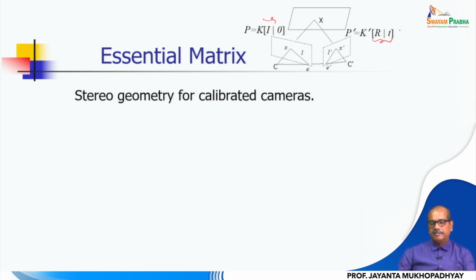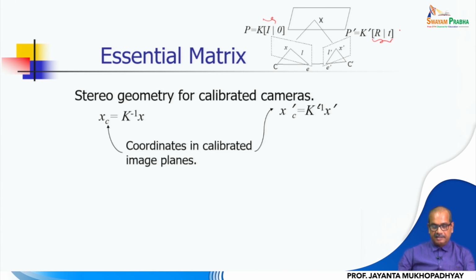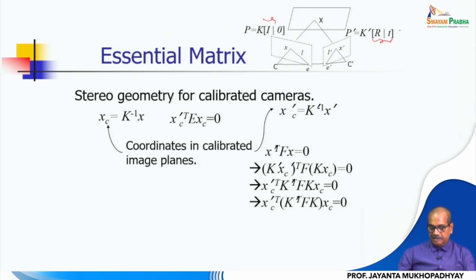For the essential matrix, the expression, as we know, takes K inverse x and K prime inverse x prime. These are the canonical coordinates, and we replace them into the respective essential matrix form. This shows that the essential matrix can be expressed as K prime transpose F K. This also gives you the property of how the essential matrix and fundamental matrix are related.